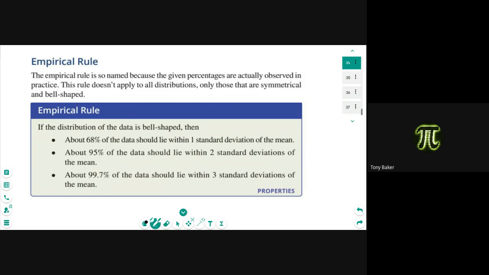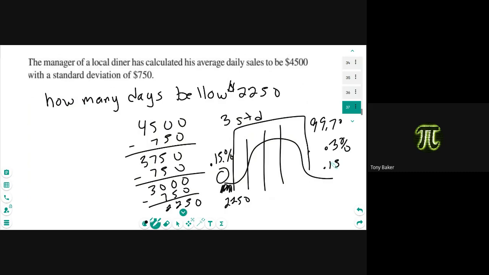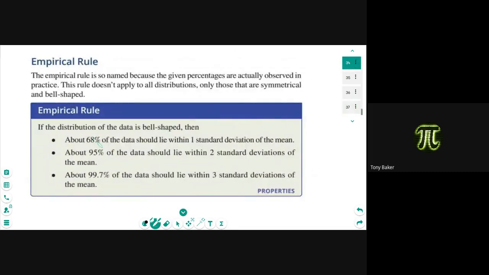Are those the exact numbers? No, they're slightly different, but they're really close. And if you wanted the exact numbers, you have to take calculus. I make my calculus class figure out the exact numbers. So outside of the third standard deviation would be on either side. Correct. Well, no, the 68, 95, and 99.7 will always be the same.